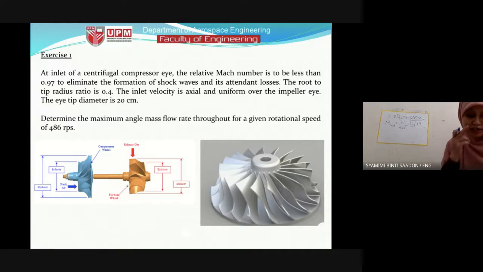And for gamma RT1, we need to change it because we have the value of the temperature.